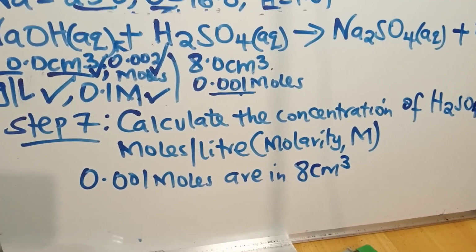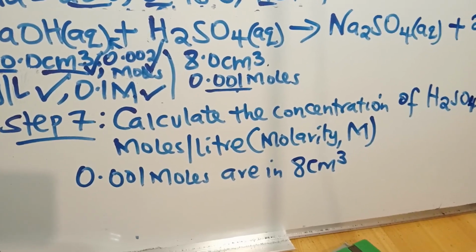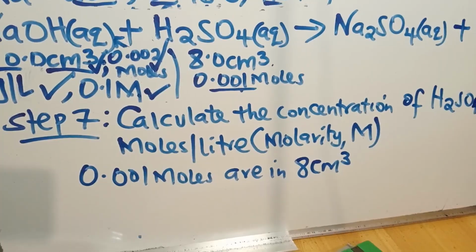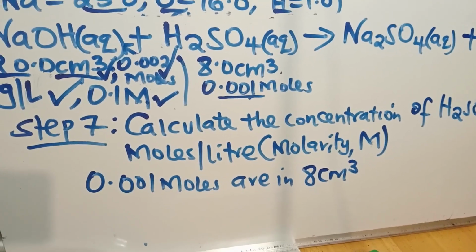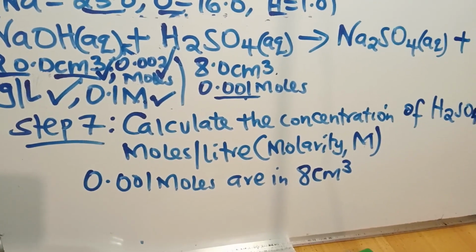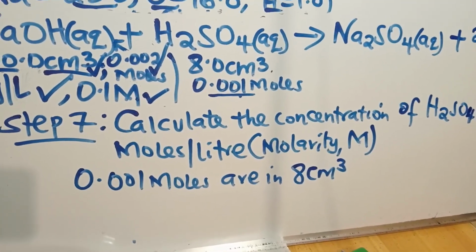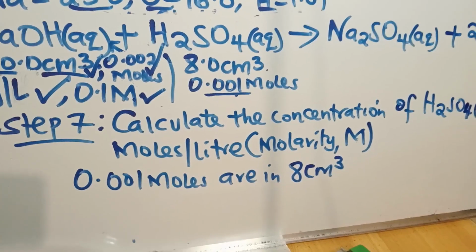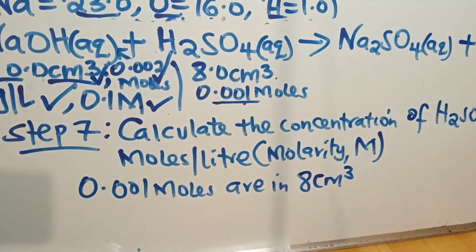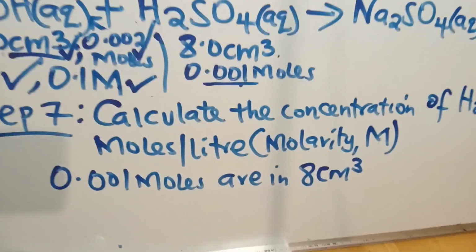And who knows, if you use it as 8.0, you might omit the decimal point when entering the values into the calculator, and you end up using it as 80. So to be on the safer side, use it as 8. So 0.001 moles are in 8 centimeters cubed.